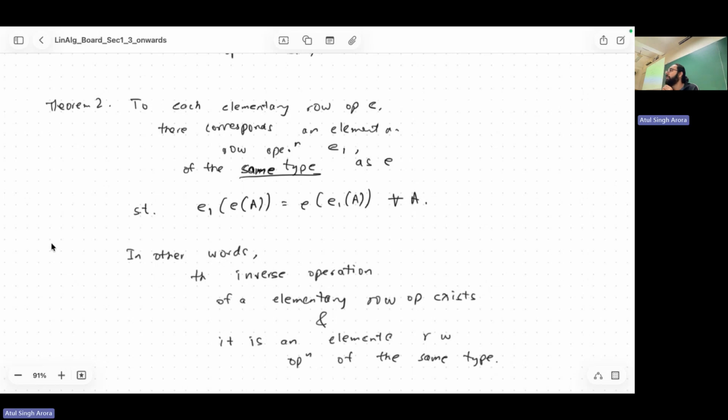If you are returning back to A, it's just saying that applying E1 and E of the same thing would be equal. Maybe did I say the statement wrong? Let me check. It's saying that to each operation there exists an elementary operation of the same type.